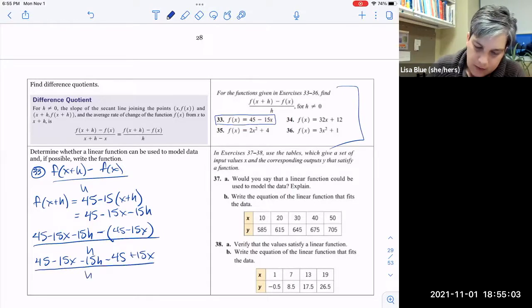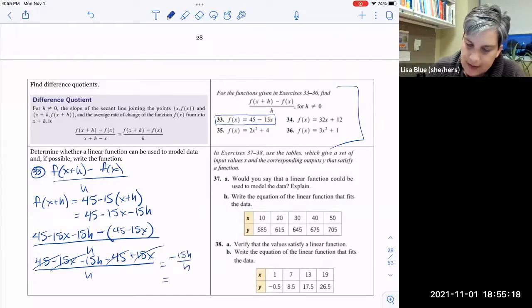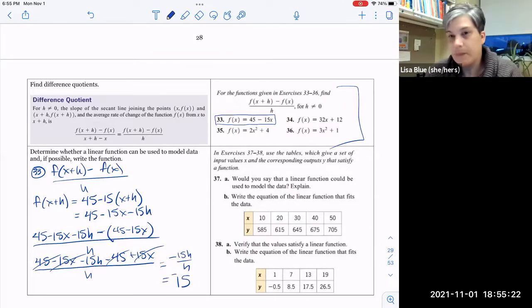This is still all over h. Combining like terms, positive 45 and -45 cancel out, and negative 15x and positive 15x cancel out. We're left with just negative 15h over h, and so the answer for that one is negative 15. Does that help?